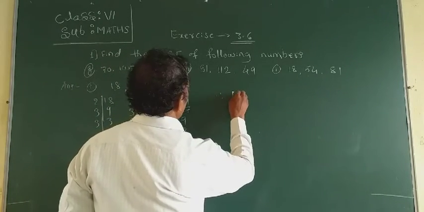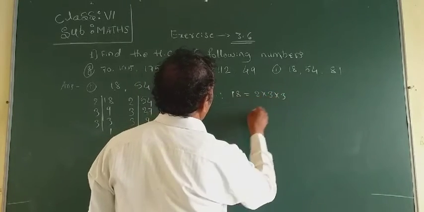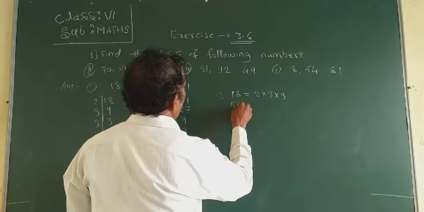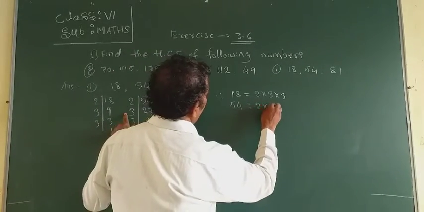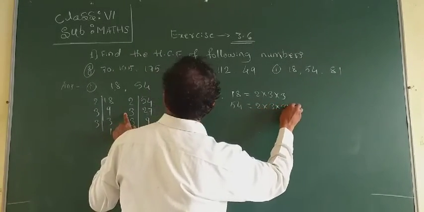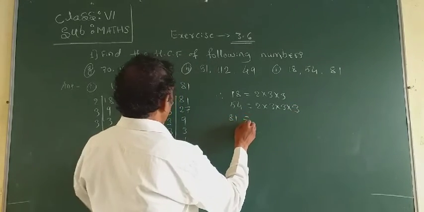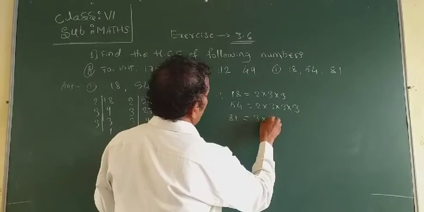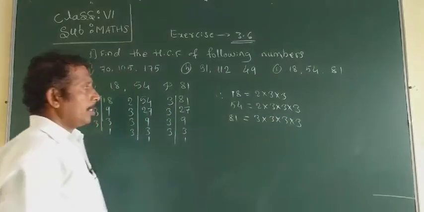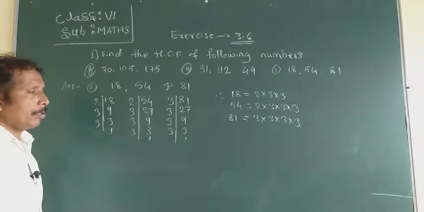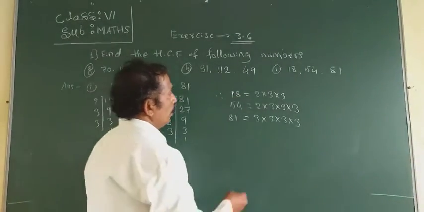Now encircle the numbers which are common in all the three prime factorizations.